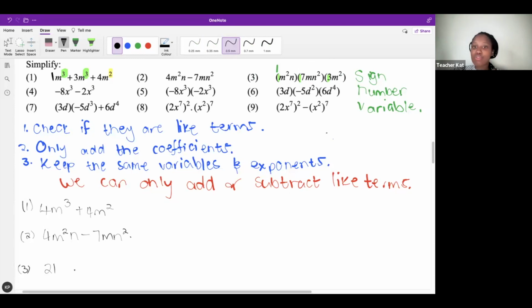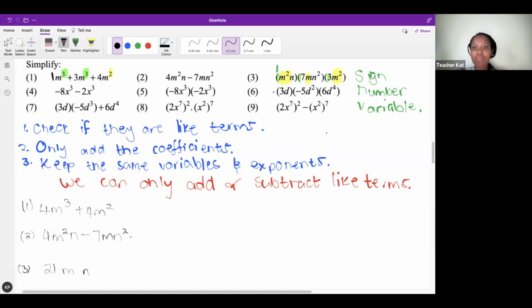And then we move to variables. Okay, we have an m and we have an n. Let's start with the m's. What do we do when we are multiplying? What happens with my exponents? We are multiplying and they are the same base, so we add the exponents.